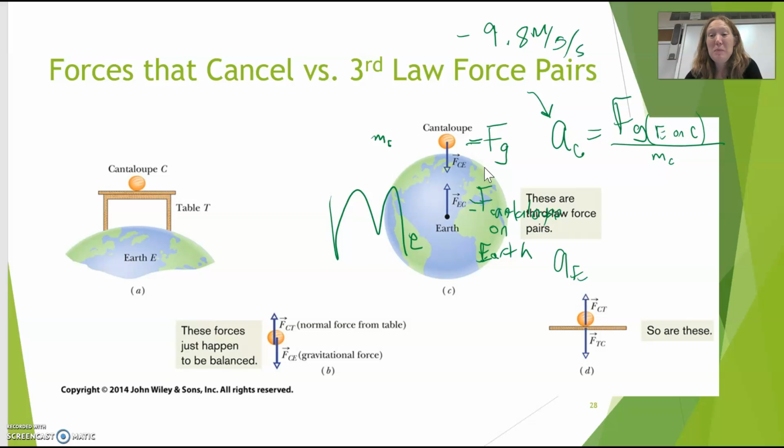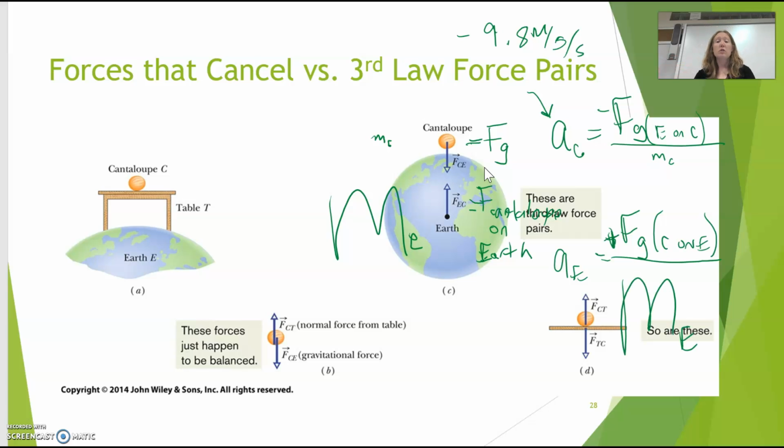No, because it's the same force, cantaloupe on earth, though it's opposite, technically. This one is negative, down, and this one is positive, upward. But the mass of the Earth is huge, so the acceleration of the Earth toward the cantaloupe is infinitesimally small, and we're never going to notice it.